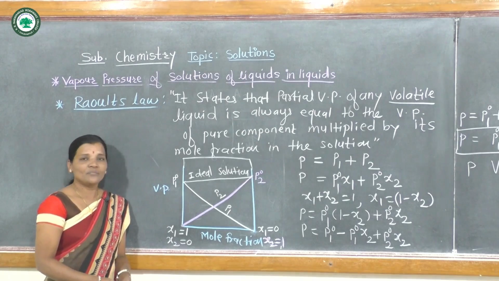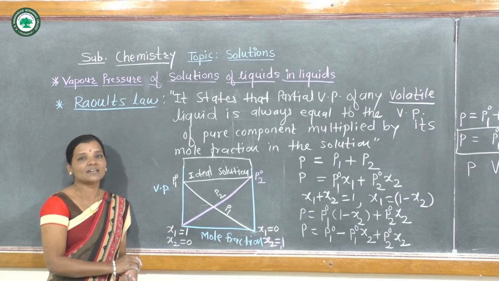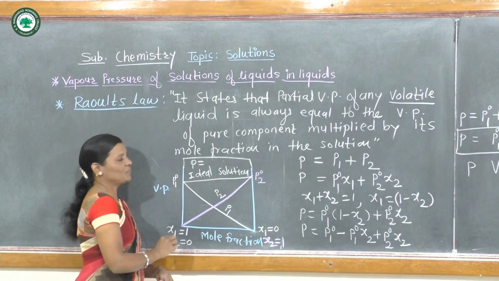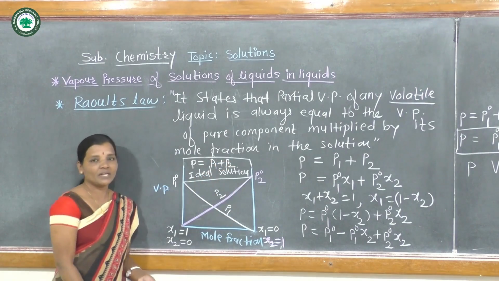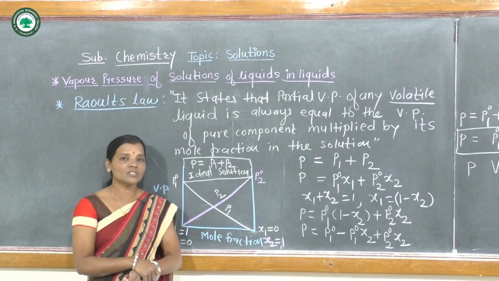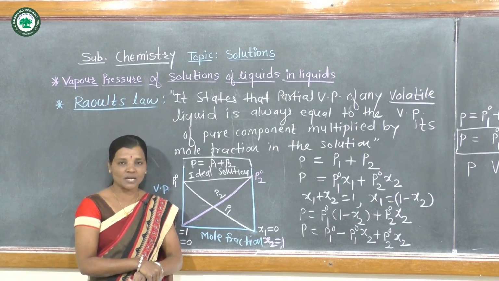And here we know that there is no solution which is exactly ideal, though here we have total vapor pressure P equal to P1 plus P2. But exactly no solution is found to be an ideal solution. Why? Because when we are mixing components to form a solution, there exist some interactions.